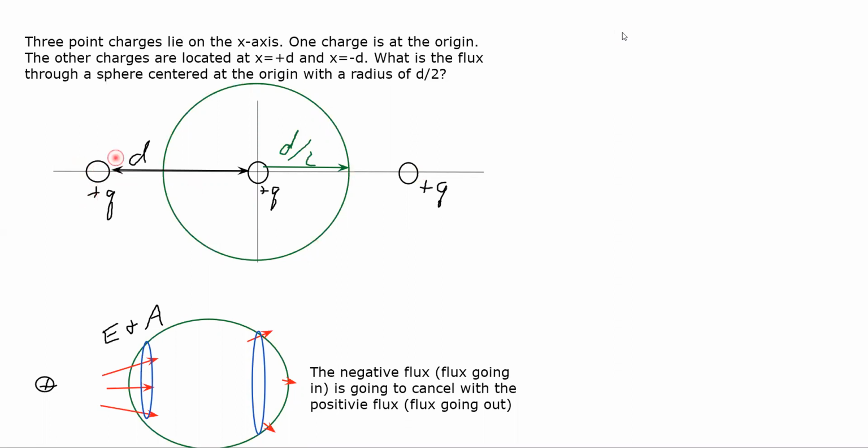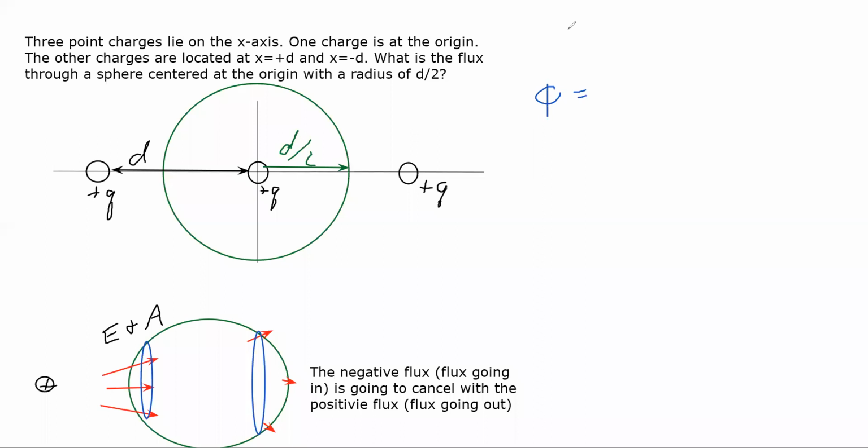You get a 0 net flux from this charge, a 0 net flux from this charge. So there's no flux from these outside charges going through this Gaussian surface. The only one that gives us a flux through this Gaussian surface is this positive charge here, which is what Gauss's law has been saying the whole time.